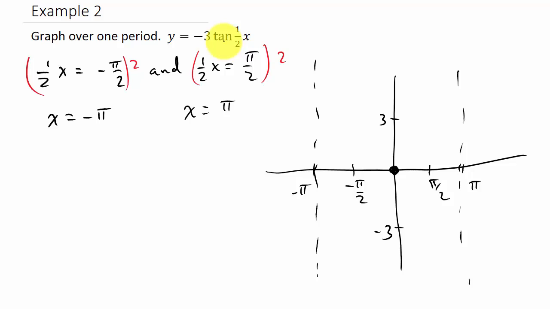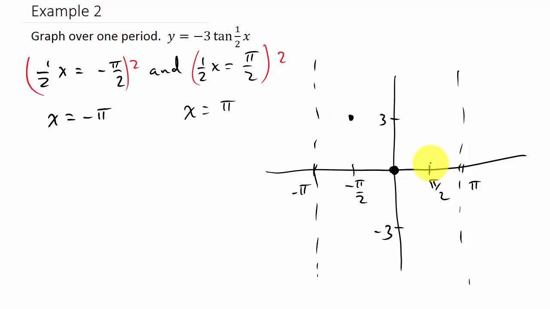Remember for this one, it starts out here at -3, but there's a negative in front. So instead of starting out at negative, it's going to start out at +3. And then it goes to 0.